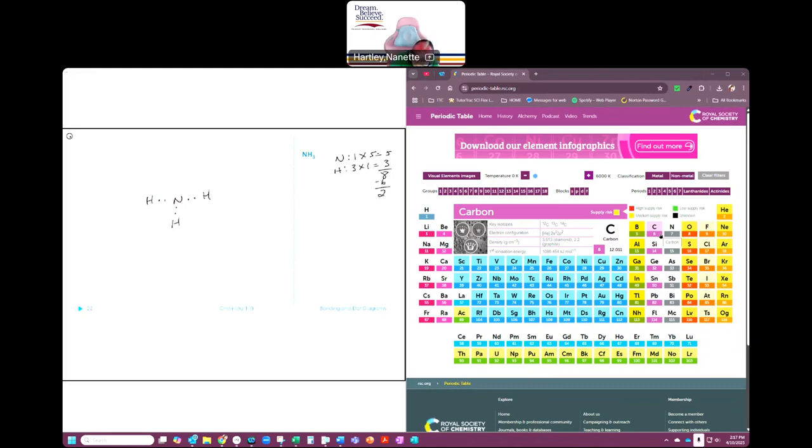And that leaves me with 2 electrons left over, which I then assigned to that central nitrogen. That then takes up all of my electrons, and that's what I have for my structure. So NH3 looks like that. Questions, comments, problems on that? Cool. Love it when that happens.